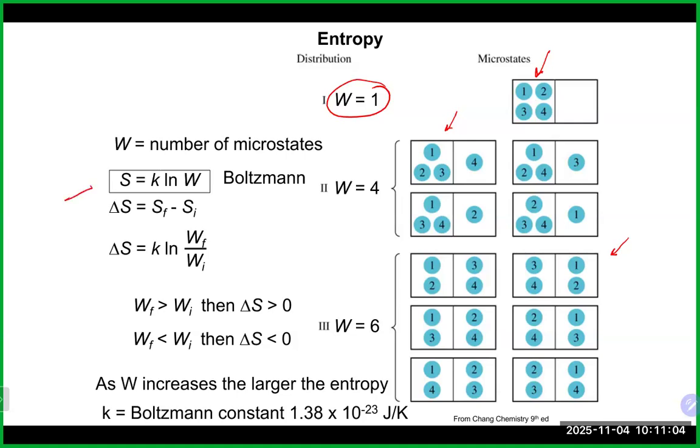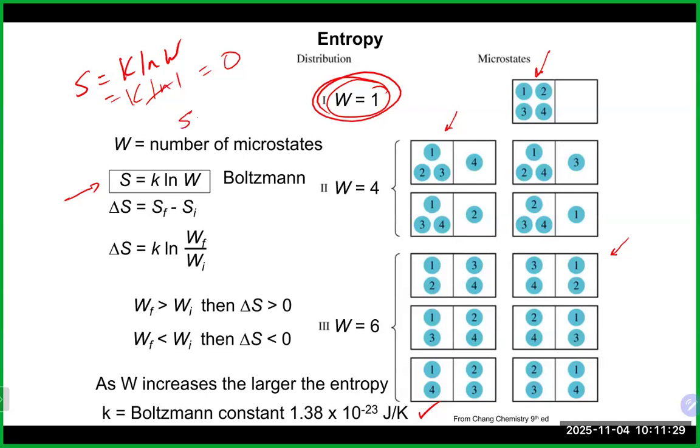This is what's sometimes referred to as the Boltzmann equation. k is the Boltzmann constant, which is down here. But if we look at it for our W that's equal to 1, the natural log of 1 is 0, right? So we will have an entropy of 0 or a small entropy, a more ordered event.